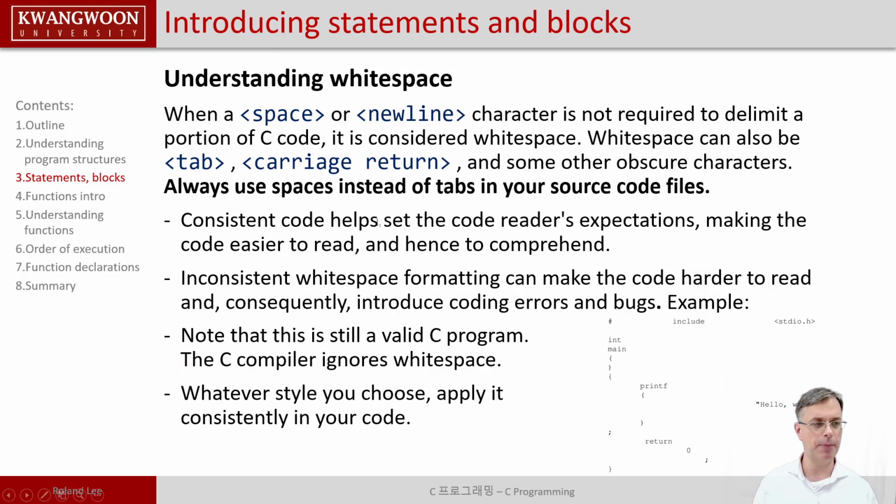Consistent code helps set the code reader's expectations, making the code easier to read and hence to comprehend. Inconsistent white space formatting can make the code harder to read and consequently introduce coding errors and bugs. Here is an error example. So here is an example, and it does the same hello world, but it's really nonsensical and inconsistent.